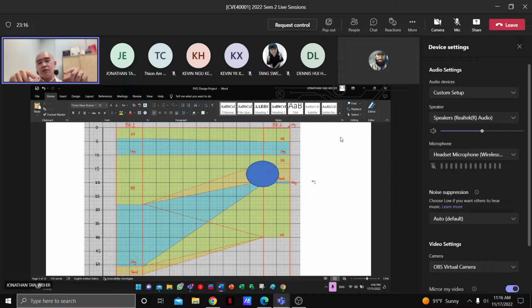In your current soil profile, right, what you've drawn, it's actually a lot less soft soil compared to what I'm asking you to draw. You understand? Yeah.